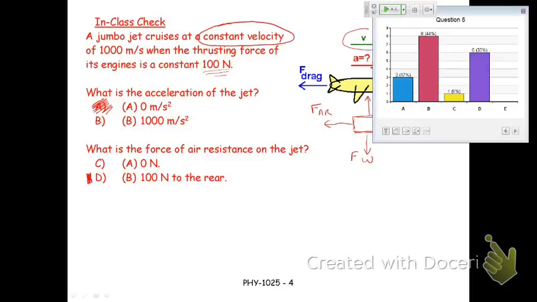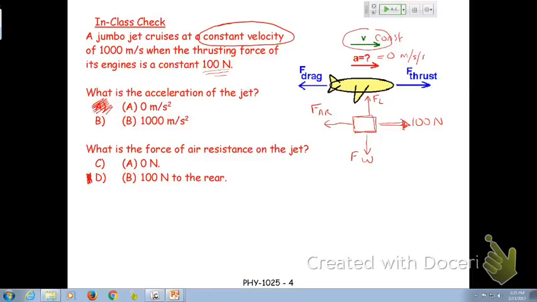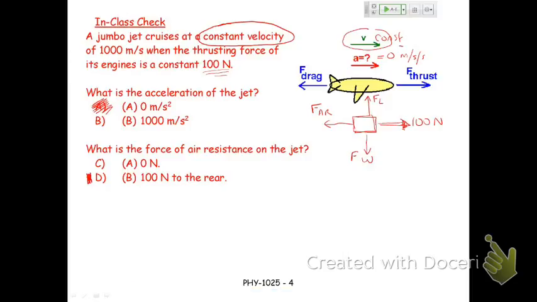And let's have a look at it. Well, we know there's no acceleration, so that means there must be no net force. And if there's no net force horizontally, I have, and I'm going to do it mathematically, the sum of the forces equals F net equals MA, which equals 0, because we know the acceleration is 0.